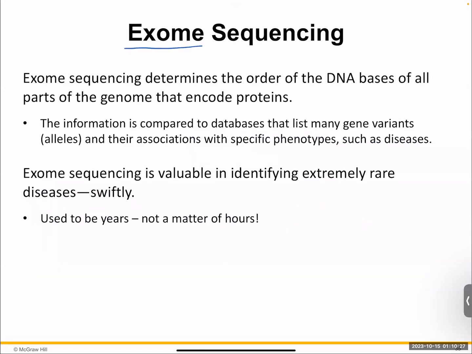Now, if you recall the word exome, we mentioned that before, it is basically all of the exons in a genome. That's called the exome. Exons are important because they are the parts of the gene that actually encode for proteins. So if you are sequencing these giant exomes that give us our proteins, we have this really large database of information, and we can look at the variation in the genes.